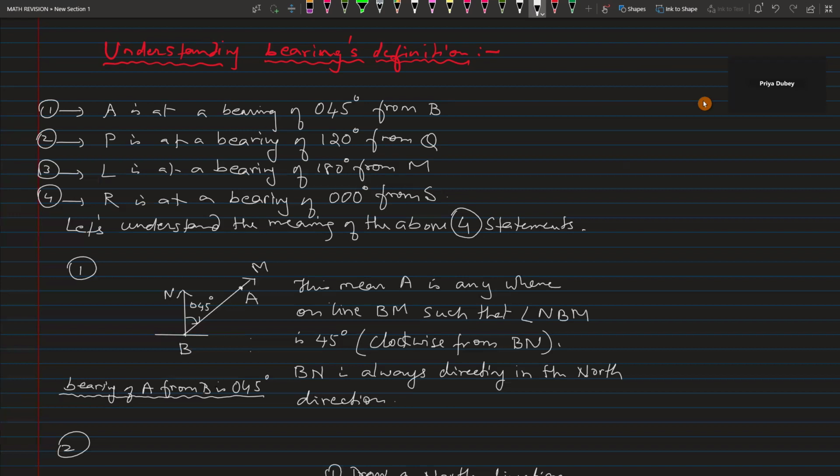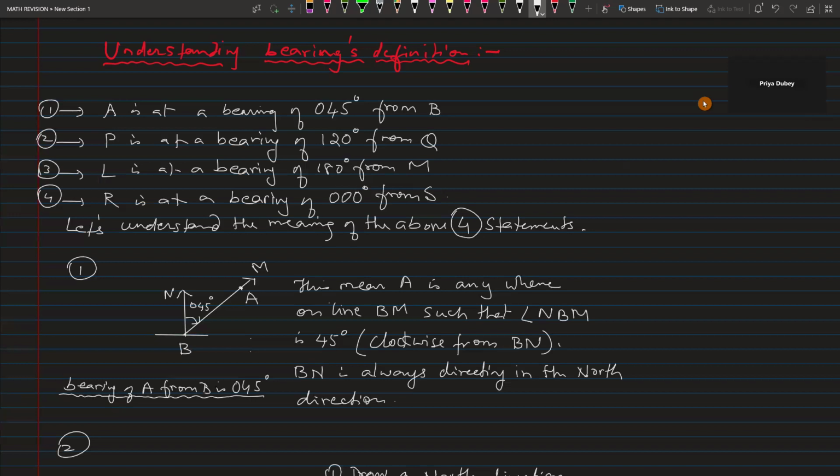Bearings are always denoted by 3 digits. Bearing is measured in angles, right? Even if that angle is a single digit or 2 digits or 3 digits, you have to show it in 3 digits only. Suppose the bearing is 9 degrees, you will have to write 009. Suppose it is 19 degrees, you will have to write 019. That is why I've written everywhere 045, 120, 180 and 000.